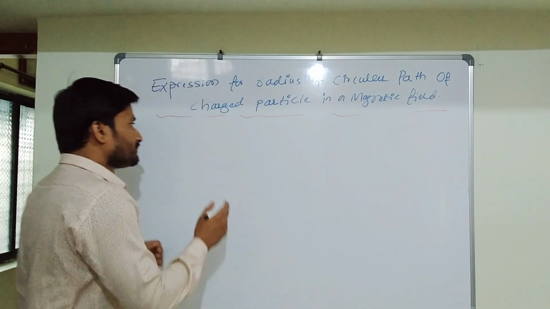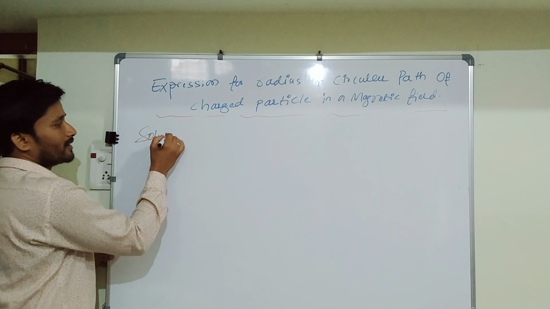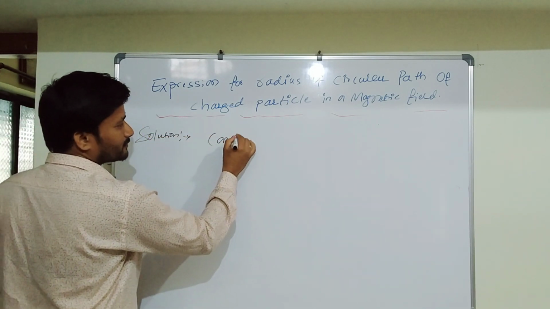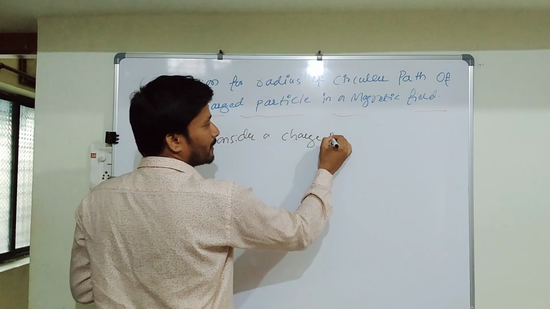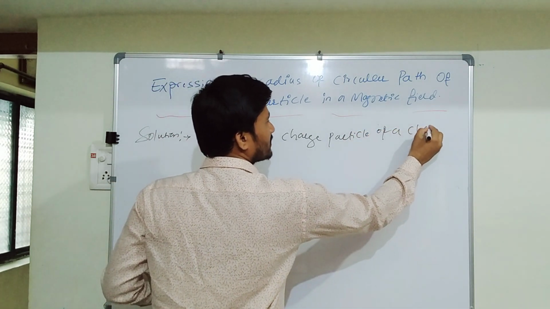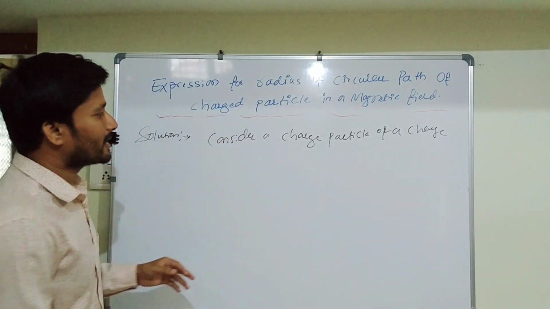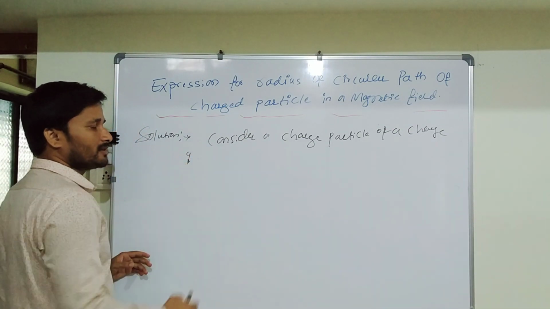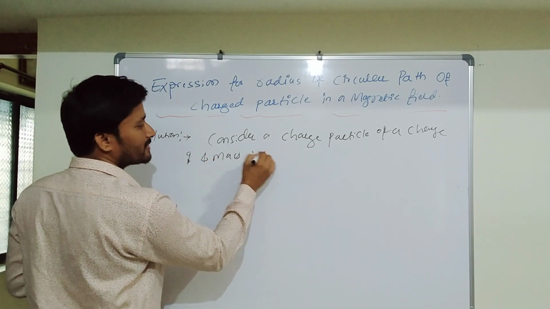Now, we are going to solve it. Consider a charged particle. The charge of that particle I am going to call Q, and the mass of the charged particle is m.